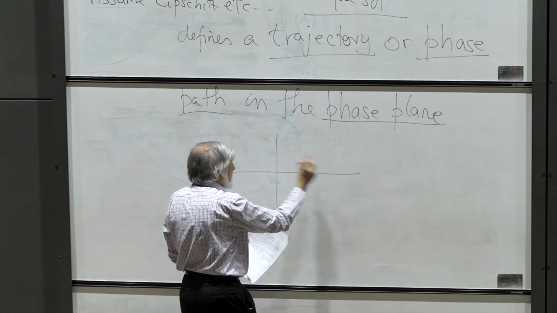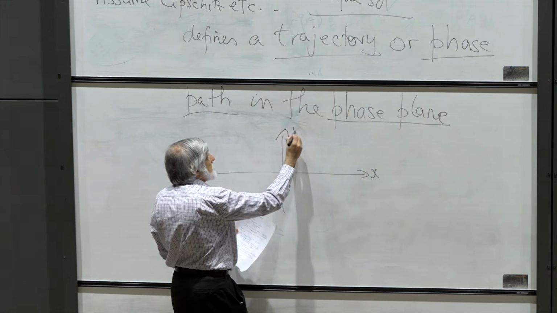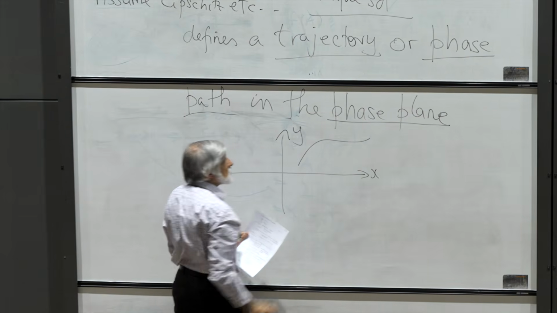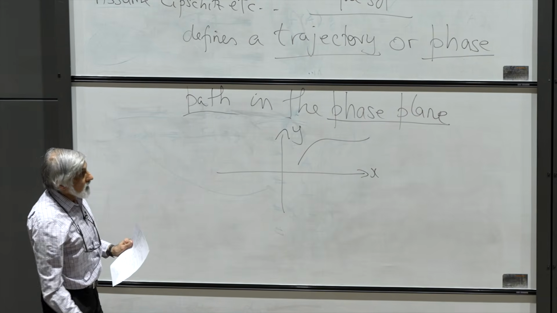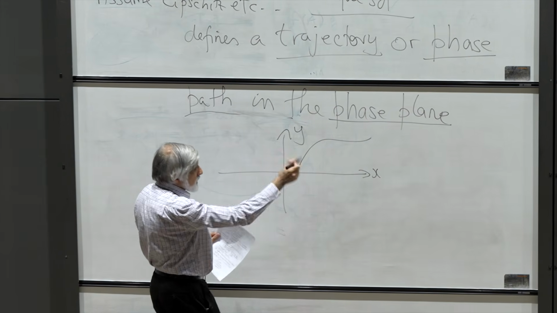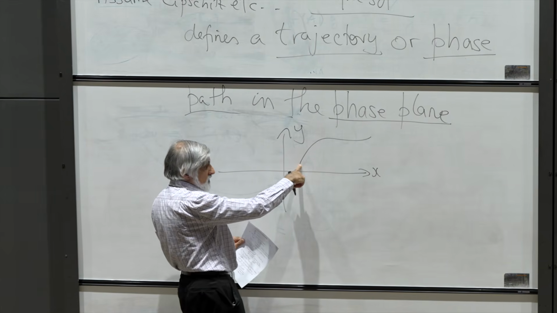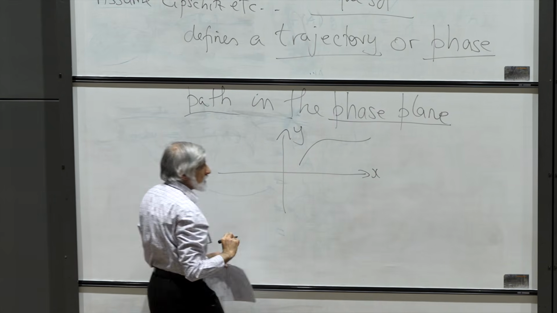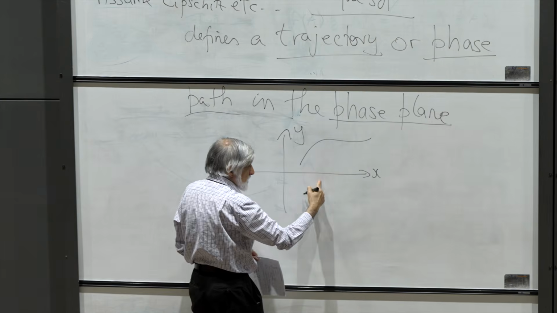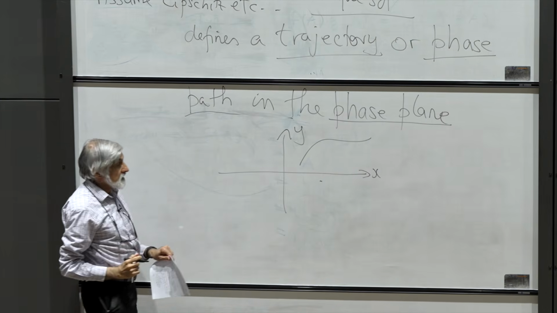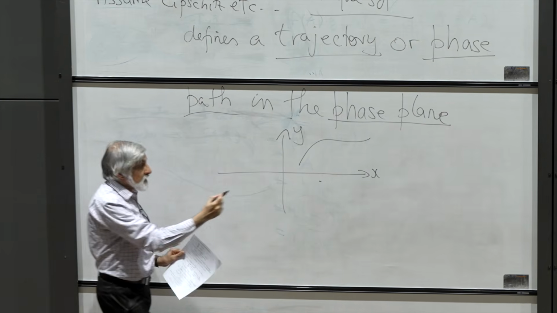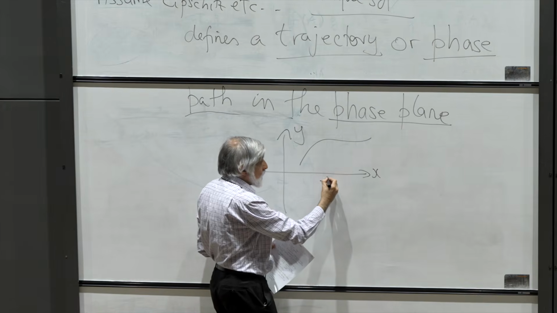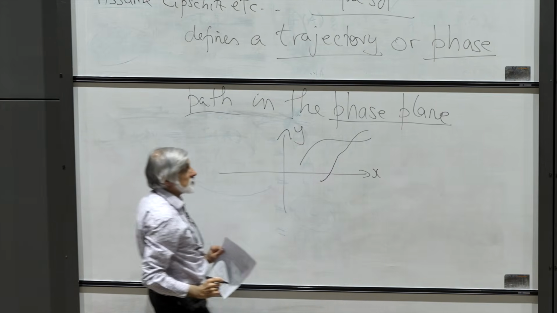That means, so here's one trajectory. And then if I now plot another trajectory, so that was a certain initial condition here, I get this solution. If I take another initial condition here, I get another solution. Could that solution go like this?